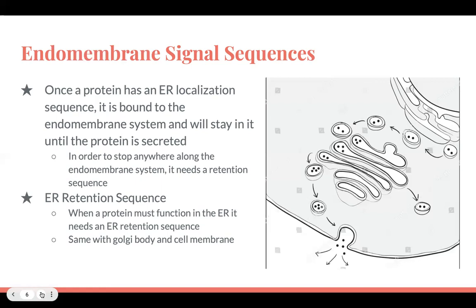So for example, when a protein must function in the ER, it needs an ER retention sequence. Same with the Golgi body. If it needs to function in the Golgi body, it needs a retention sequence for the Golgi. And if it needs to be embedded in any membrane, it needs a cell membrane retention sequence.